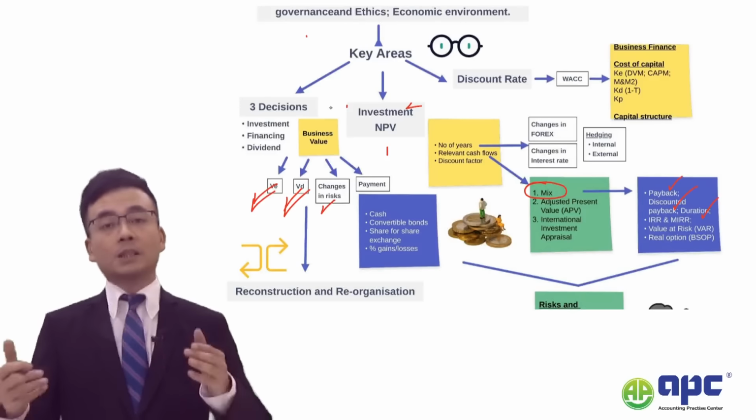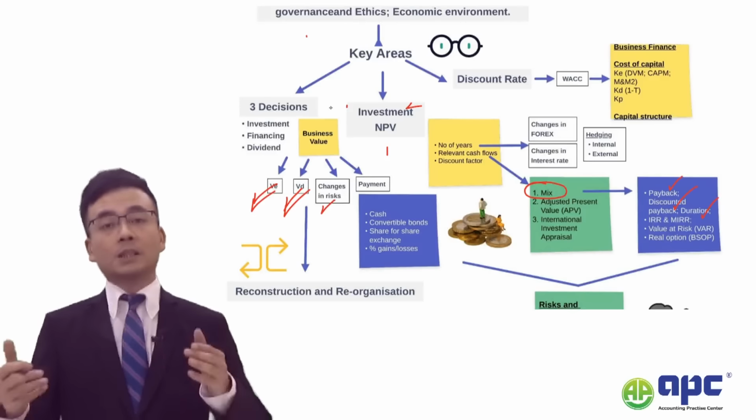And of course, your previous level paper knowledge could be tested. So for example, the pecking order theory, and also why debt is cheaper than equity. For example, we can get tax saving on interest.